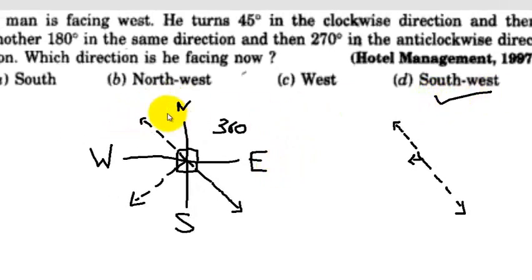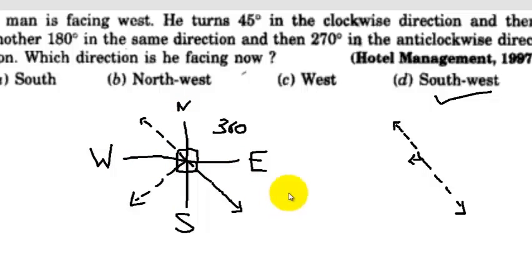Now, how to solve this question in less than 30 seconds? Guys, you already know that the total is 360 degrees. Initially it says he turns 45 degrees in the clockwise direction, so he was here. Now when you cut the circle into two pieces, what will you get?